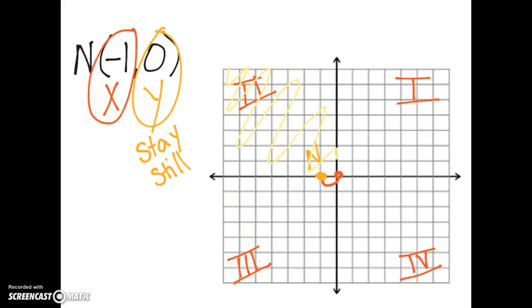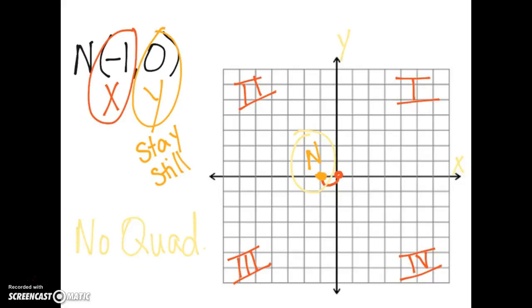And this is why I was telling you, it's actually a little bit of a tricky question. This point is right on the line, so it is not in a quadrant. So the answer for this one would be no quadrant. Because it is on one of the axes, in this case it's on the x-axis, it does not have a quadrant.